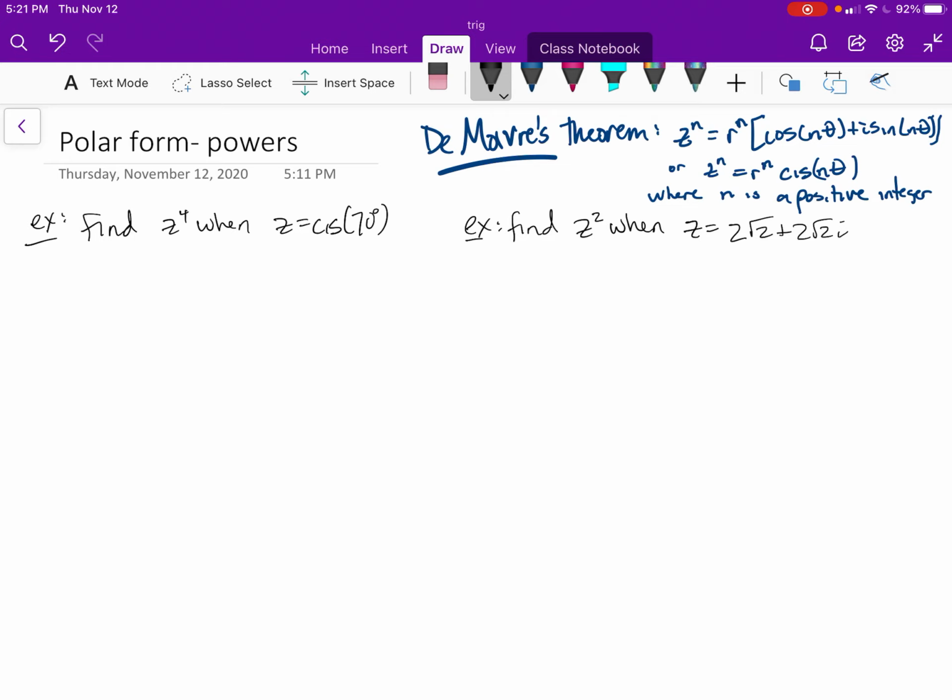It's the power. So if I take a polar form and I raise it to a certain power, we use this formula. Now, this makes sense based on the law of multiplication that we would multiply the r's, right? If I had a couple z's, a couple polar forms that I'm multiplying, I would multiply their r's.